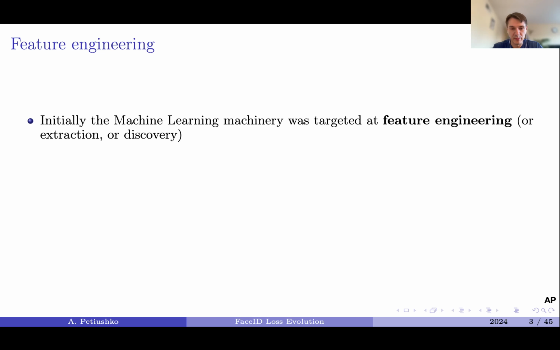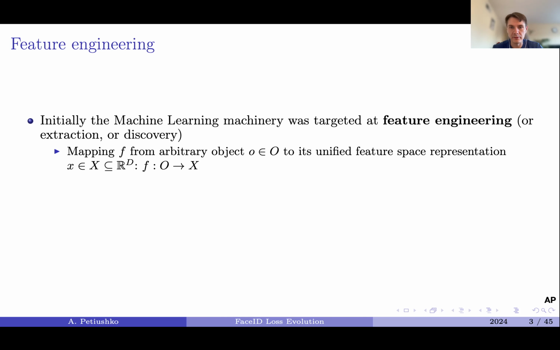Representation learning is not the first and initial approach. Initially, the whole machine learning machinery was built on top of feature engineering, or feature extraction, or feature discovery. What is it?